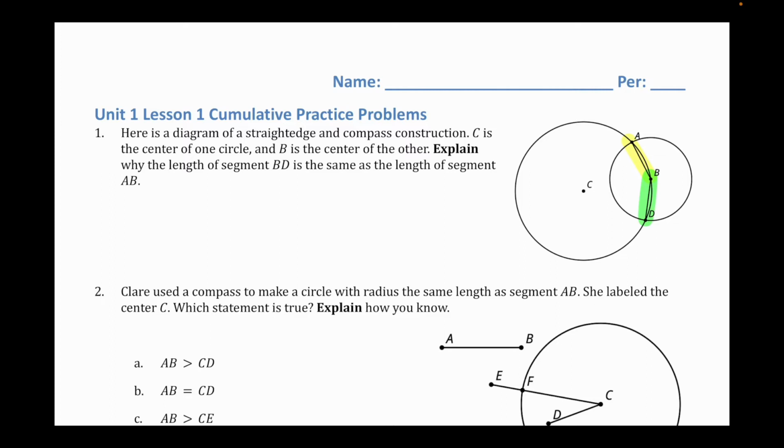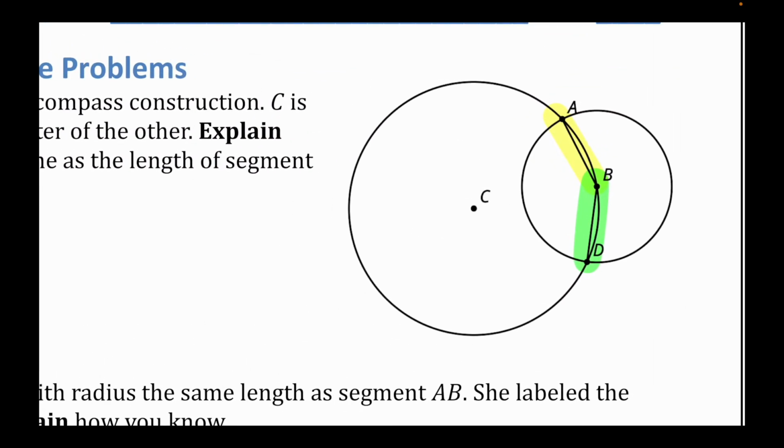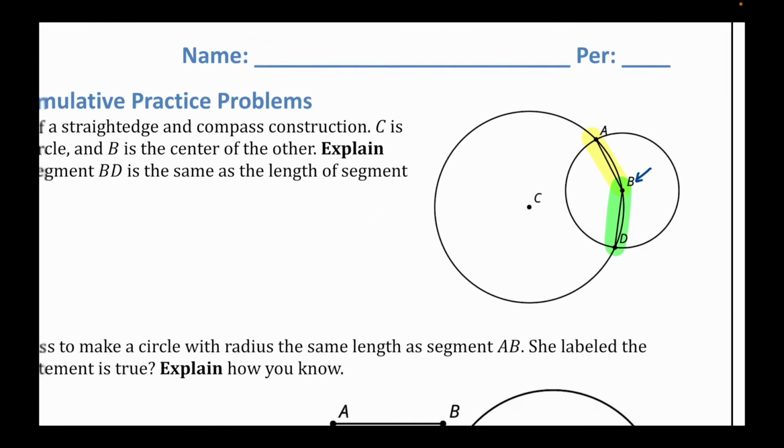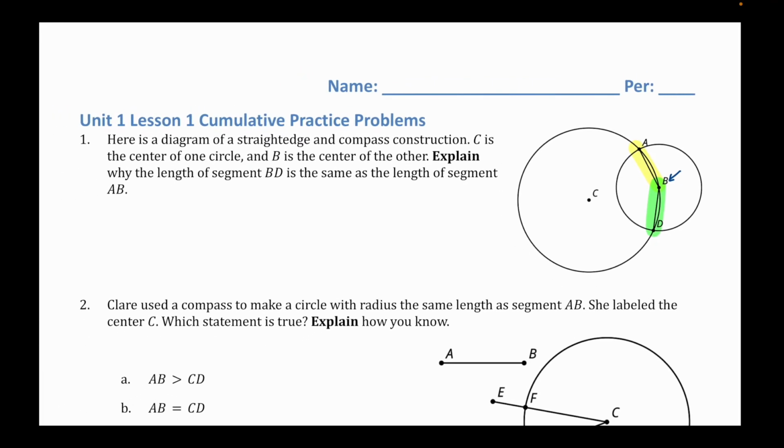So, what can we say for our explanation? Well, I noticed that both of these are actually a radius of circle B. And the radius of a circle is a constant length. It doesn't change.